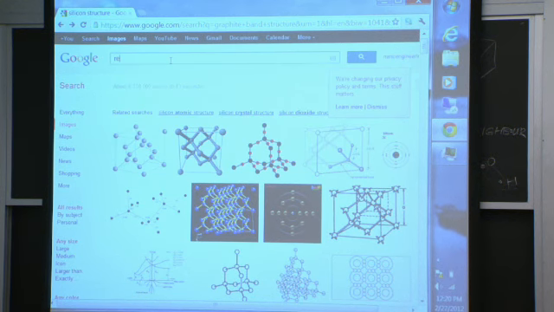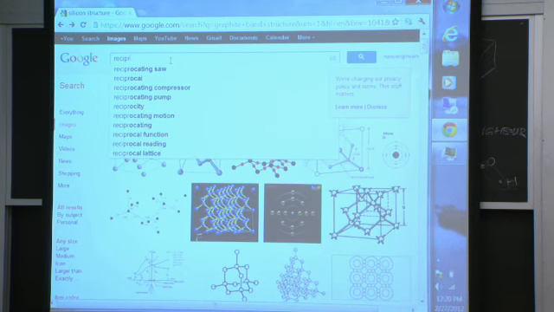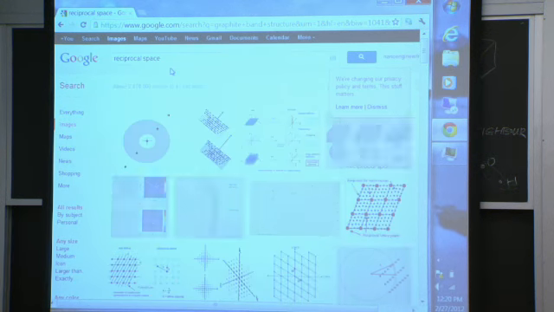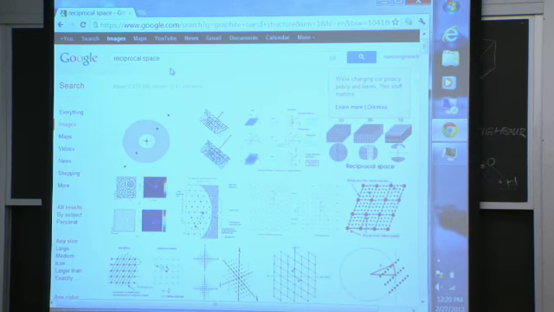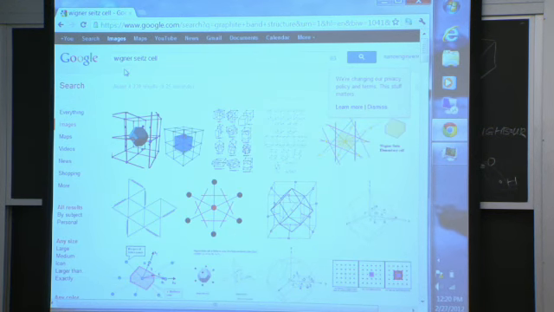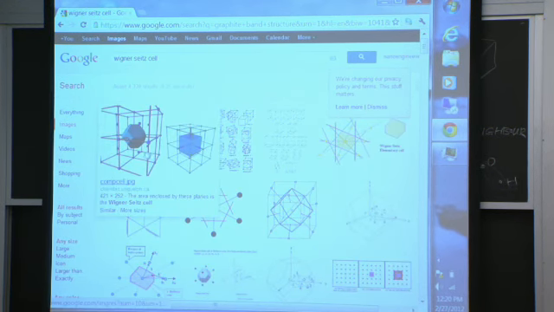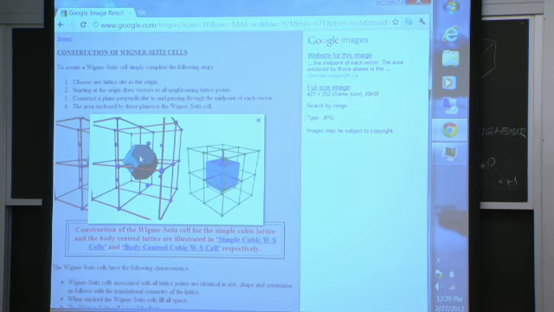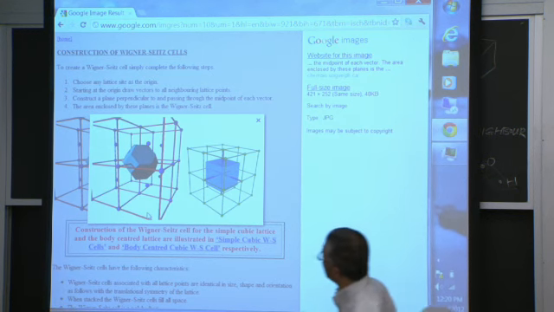Reciprocal space. Wigner-Seitz. Okay, so you can say this is a construction of a Wigner-Seitz unit cell.